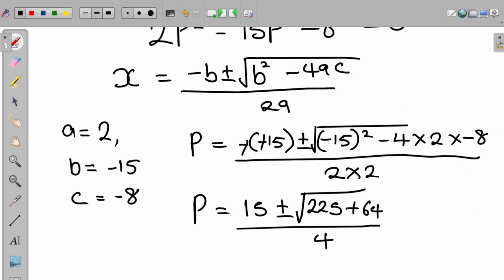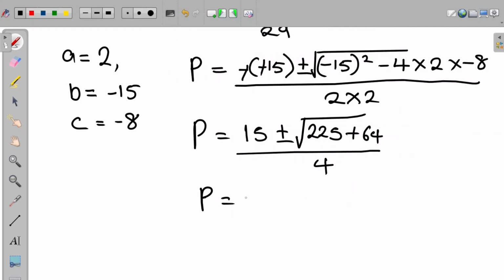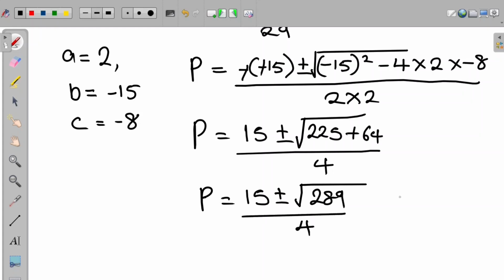Now, if we simplify what is inside the radical further, this becomes p equal to 15 plus or minus root of 225 plus 64, which is 289, all divided by 4. And root of 289 is equal to 17. So we have that this becomes 15 plus or minus 17 divided by 4.